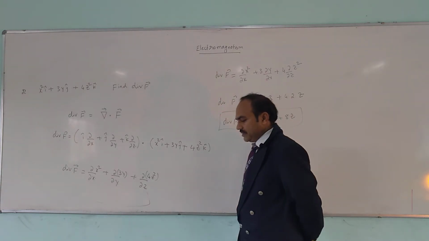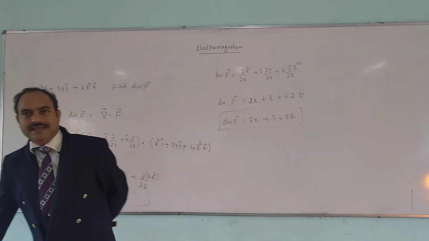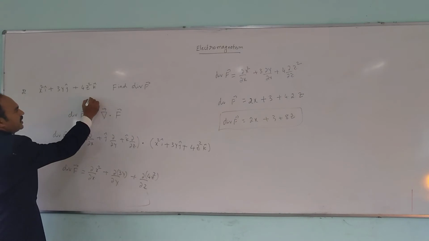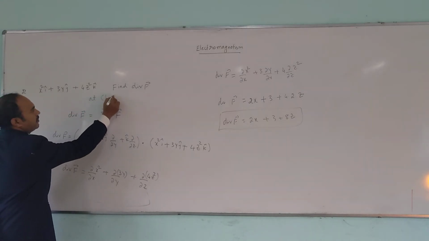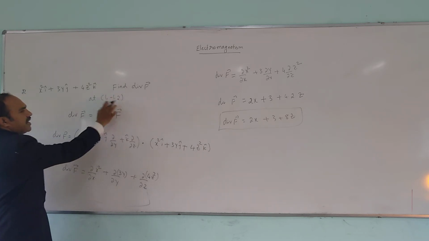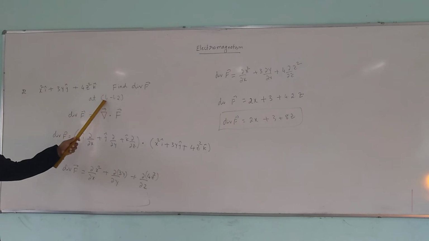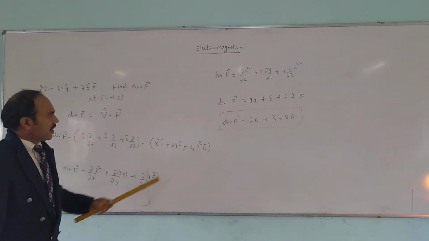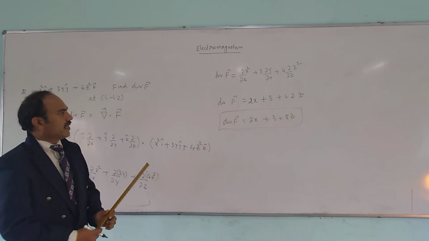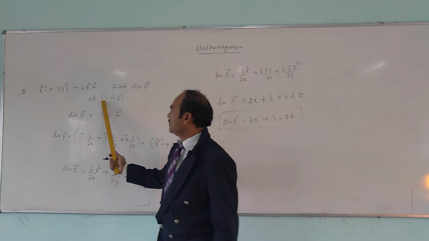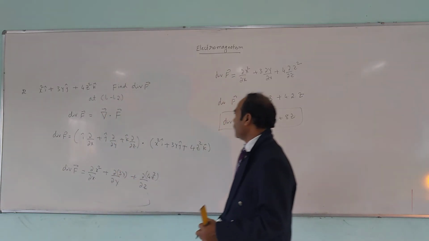In some of the questions they ask to determine divergence of a function at a point. Let's say the function is the same, but one addition: at 1 comma minus 1 comma 2. These represent the values of x, y and z. In that case we solve the problem as it is, and at the final step we plug the values of x, y, z. So x, y, z is 1, minus 1 and 2.